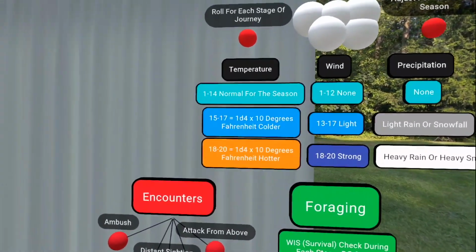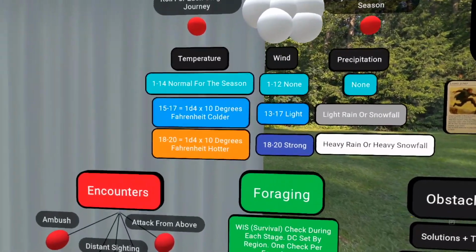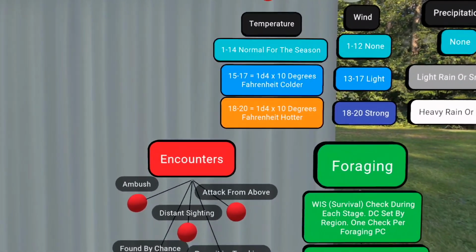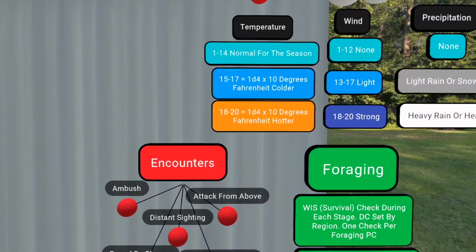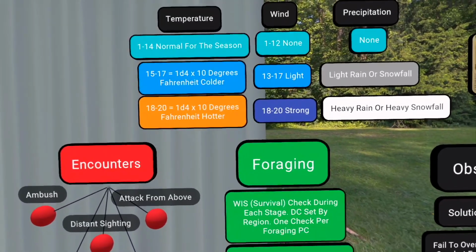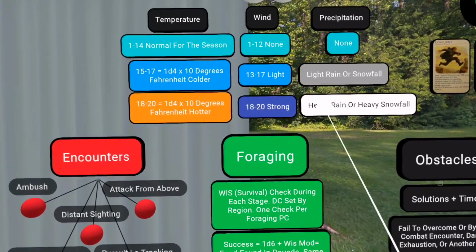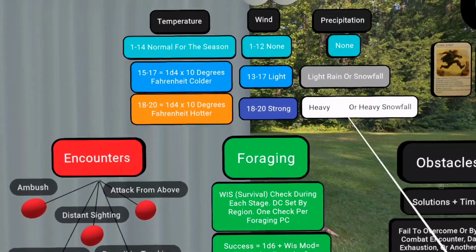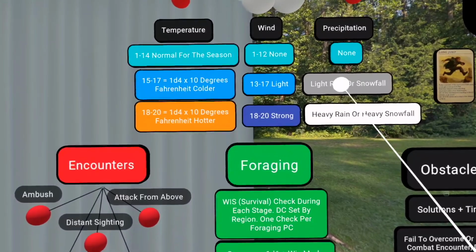You make 3 different rolls, one for temperature, one for wind, one for precipitation. If you roll between a 15 and 17, then the temperature is 10 degrees Fahrenheit colder. For wind, if you roll 13 and 17, then you get a light wind, see? And again, I've used colours, heavy rain or heavy snowfall, nice and white. Some light rain here, just showing you that it's obscured.